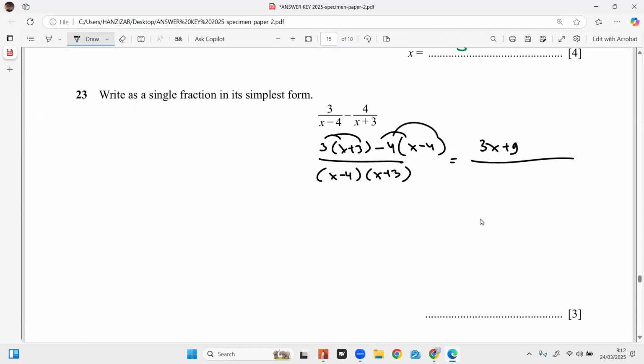Minus 4x plus 16. You don't have to expand this denominator, let it be. If you want to expand, it won't be simple anymore, but it's still considered right. But on top, simplify. That's it.